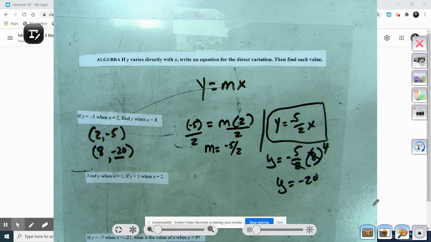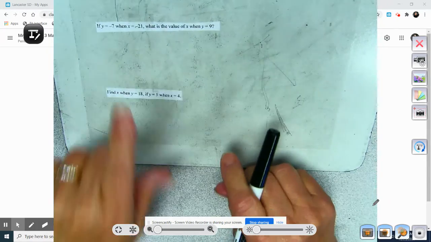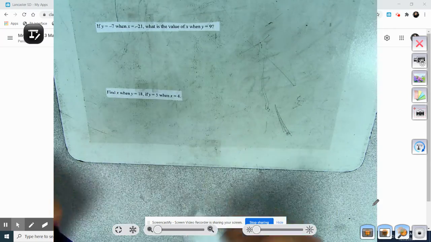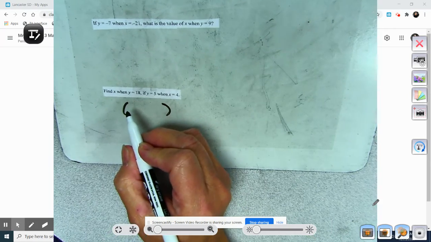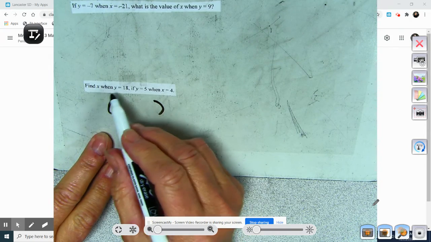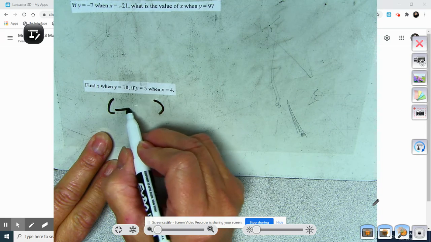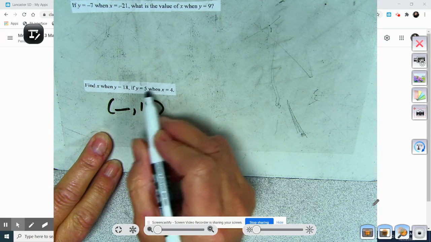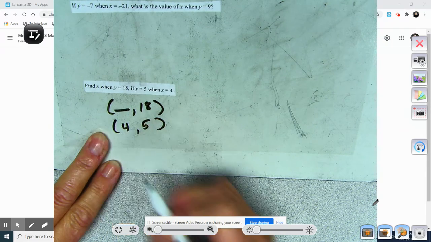Okay? Now, what if instead of finding y, I'm going to skip down here to this question, find x. So this time we've got find x when y equals 18, if y equals 5 when x equals 4.